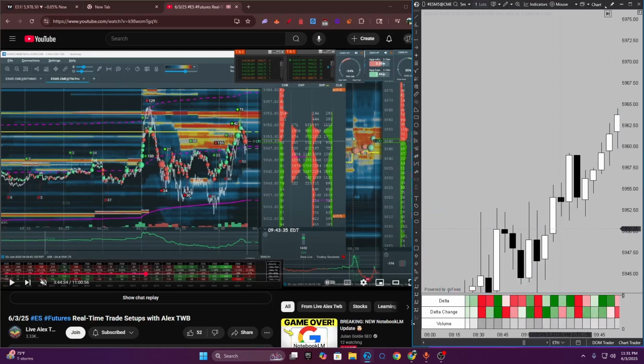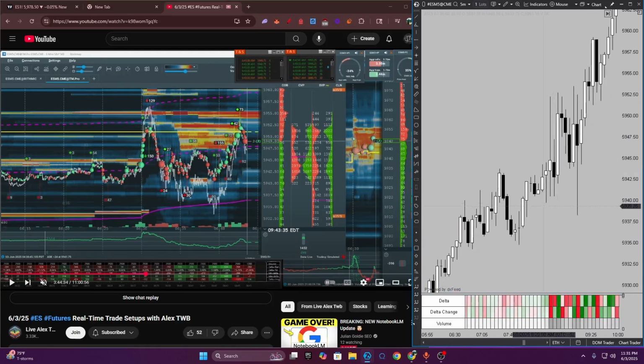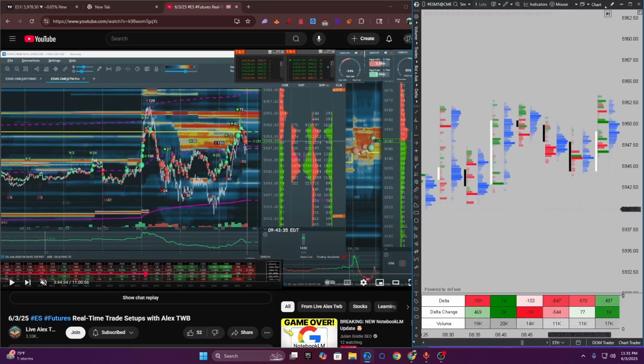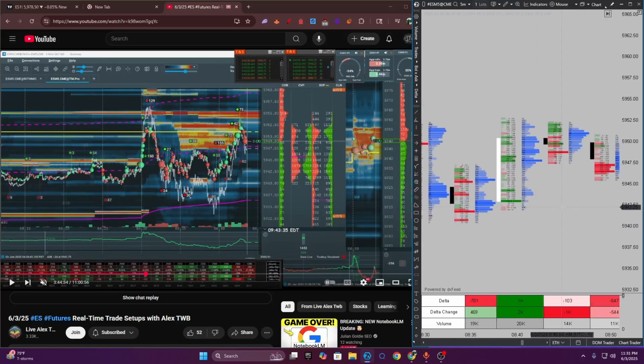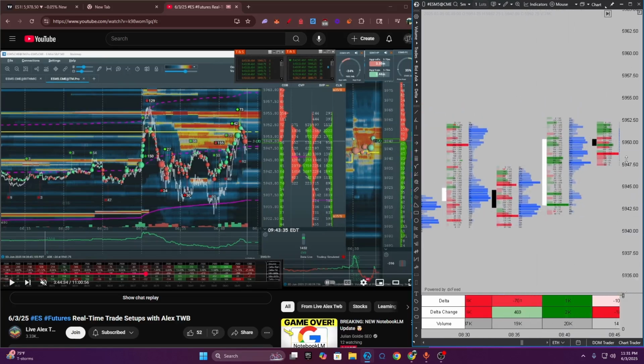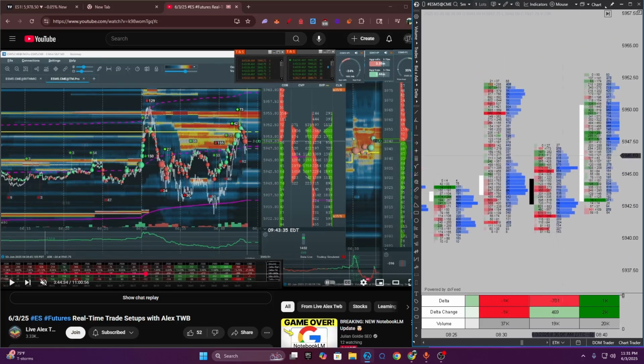I'll take a look here on footprint as well. We're simply just seeing that at that 840 time, a large amount of buyers came in aggressively, and here potentially we had seller absorption, but to confirm that, we like to use barriers, which we did not see.